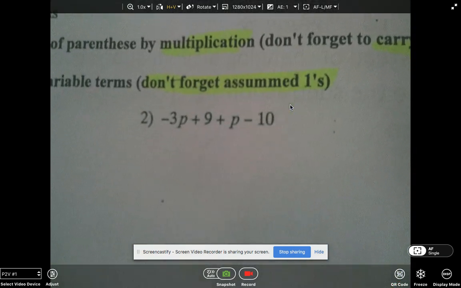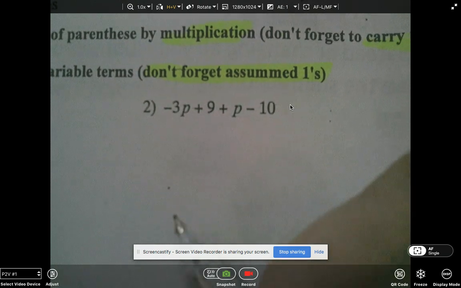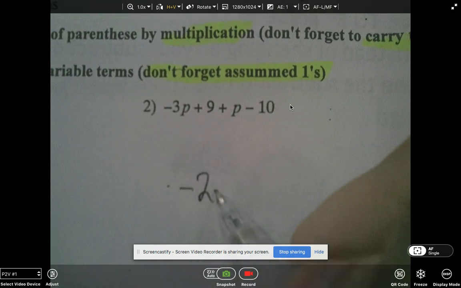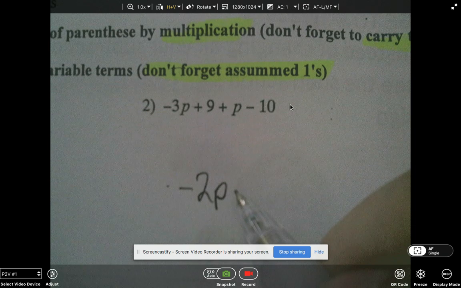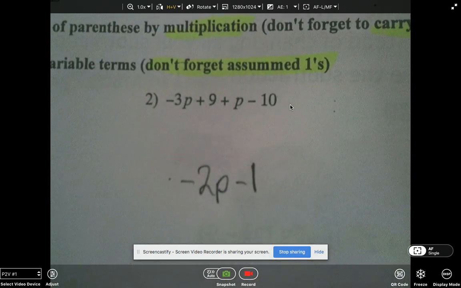All right, moving on to number 2. Still no distributive property. I'll pause the video here. If you could maybe try to do this one on your own. Tell me what you get. All right, if you did this one correctly, did you get negative 2p minus 1, I believe? Sure, let's double check that. Raise your hand.